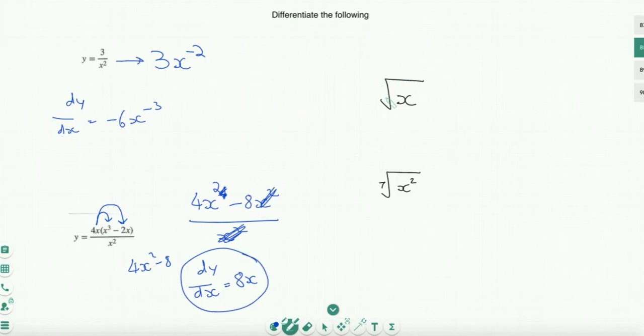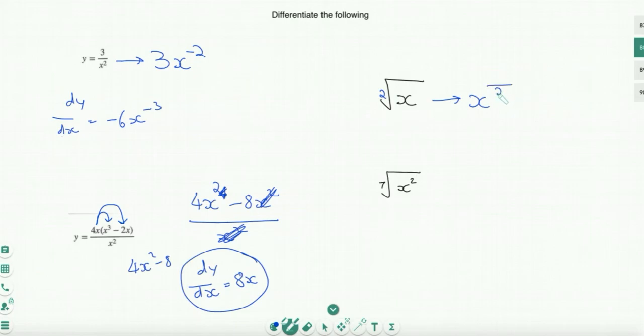Next one, differentiate the square root of x. Okay, indice rules are also required here. It's pretty hard to differentiate with surds and square roots and cube roots. We have to get rid of this root somehow. Another way we can write the square root of x is like this. When you square root something, guys, you're basically rooting it by 2. What two numbers make x? So we're rooting it by 2.